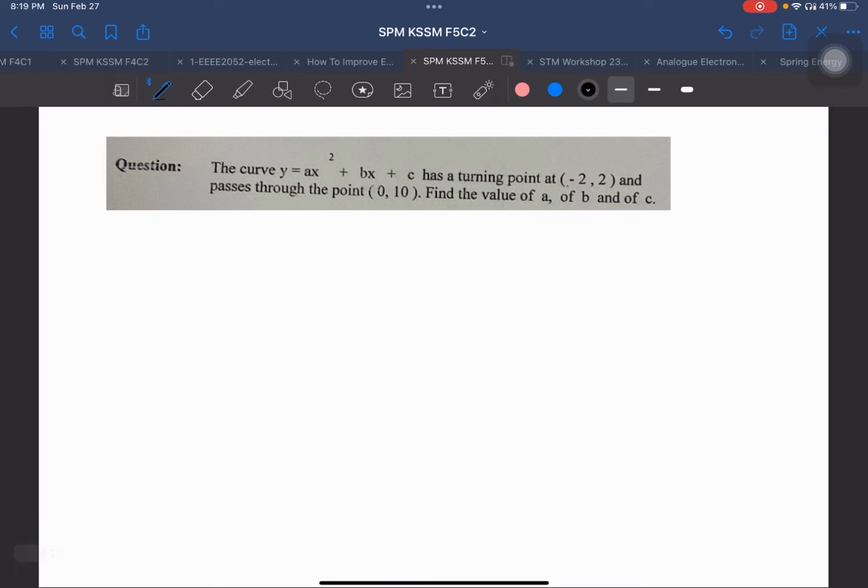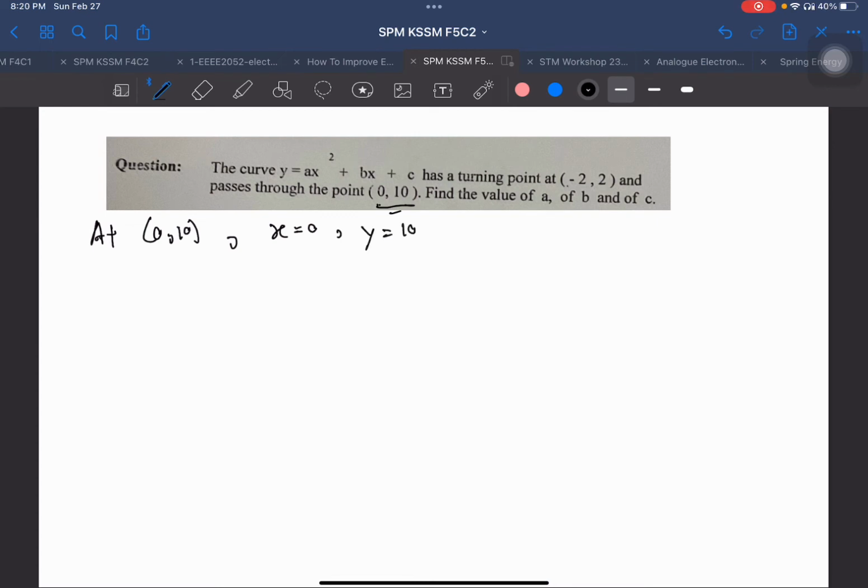The curve y equals ax squared plus bx plus c has a turning point at (negative 2, 2), and it passes through the point (0, 10). Find the values of a, b, c. At the point (0, 10), x is 0, y is 10.